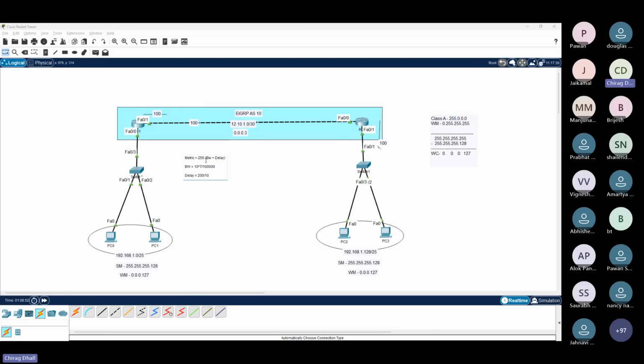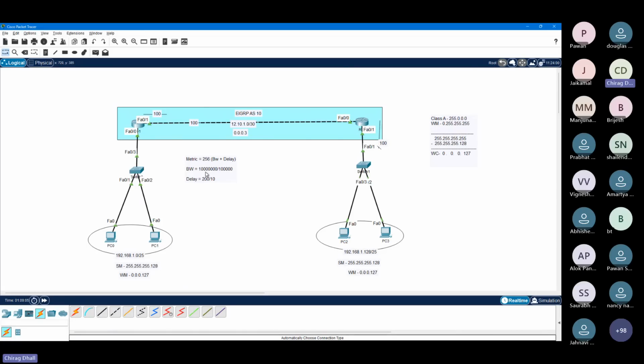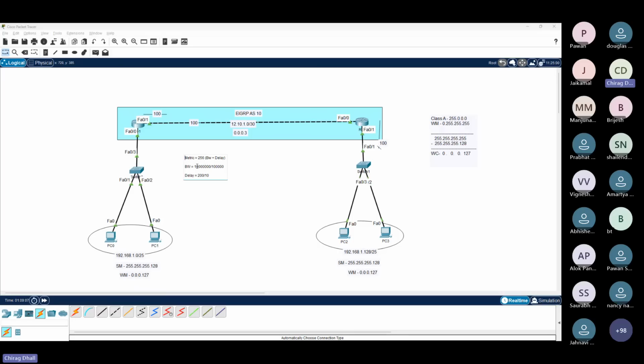Perfect. So 10 raised to the power 7 means 1 and 7 zeros. So 1, 2, 3, 4, 5, 6, 7. Can someone do this division and tell me the result of 1 with 7 zeros divided by 1 with 5 zeros?